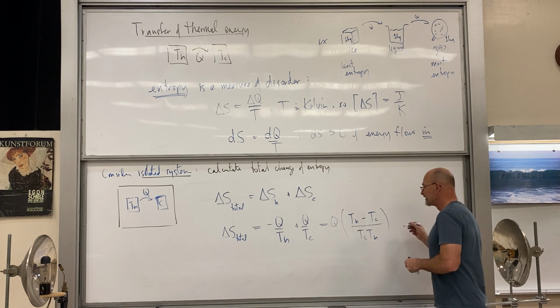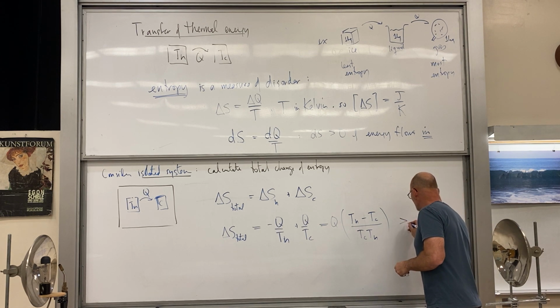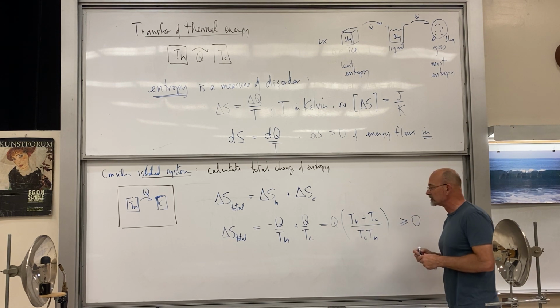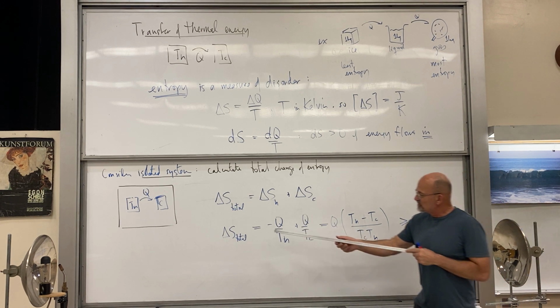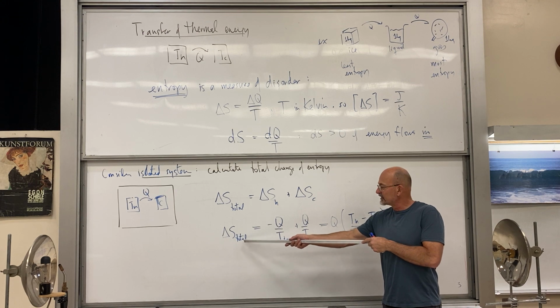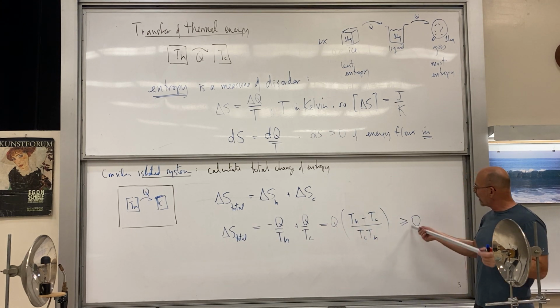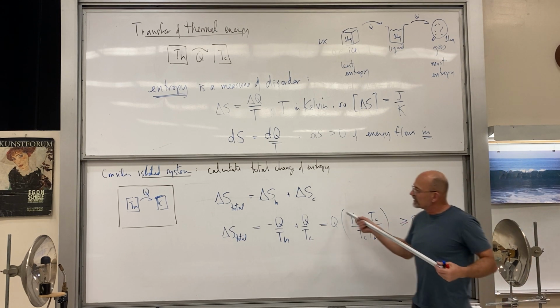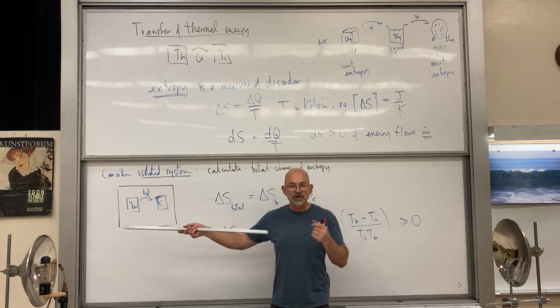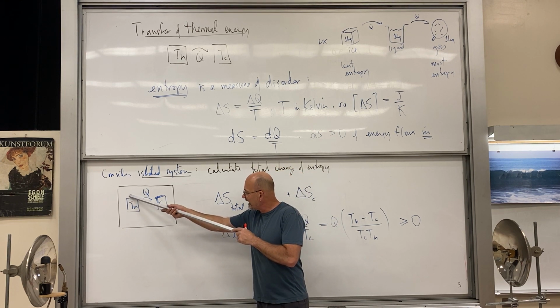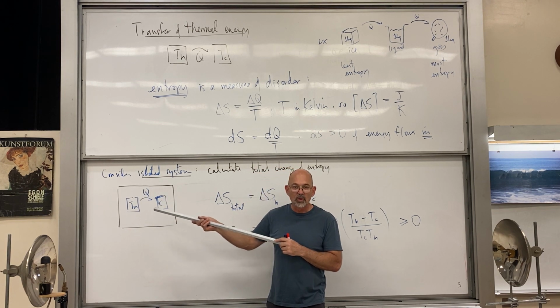So for an isolated system, this is always greater than or equal to 0. The change of entropy of an isolated system always being greater than or equal to 0 is equivalent to the fact of nature that energy flows from the hot to the cold.